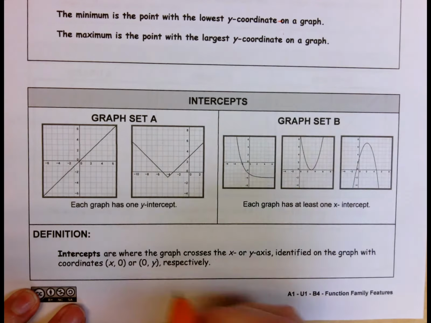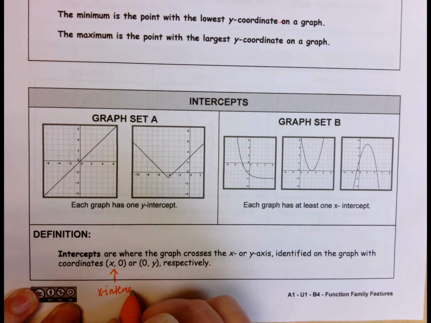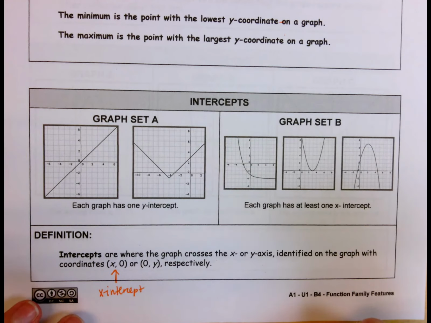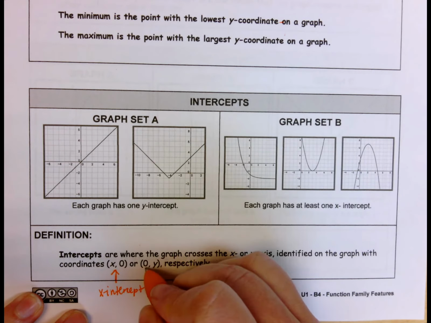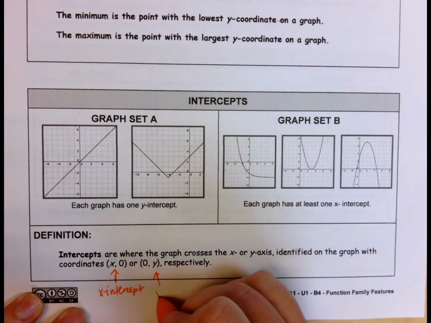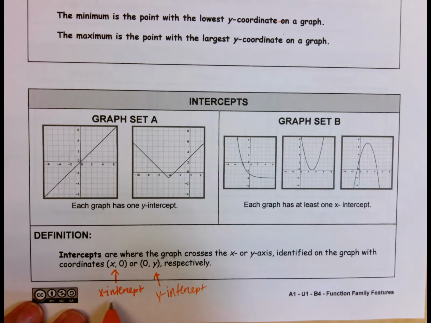Okay, so this would be an x-intercept, and it's written with the x value, and then the y value is 0, and then the y-axis is going to be a 0 for the x value, and then whatever the y value is wherever it crosses the y-axis. So that's the y-intercept. So this is how we write them. X-intercept is x comma 0. Y-intercept is always going to be 0 comma y.